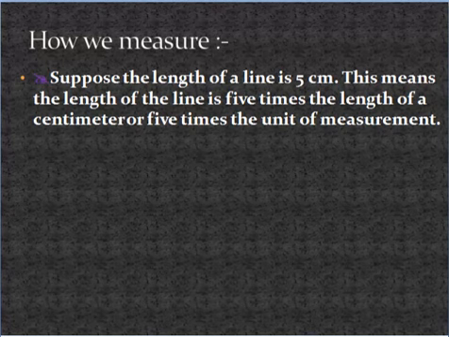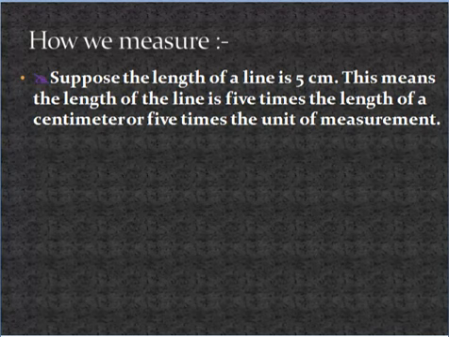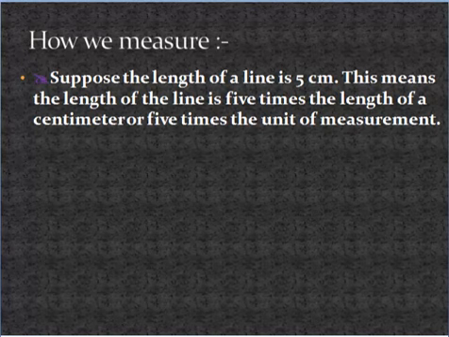See here, it depends on the words. One line having a length of 5 centimeter means the length of the line is 5 times the length of a centimeter. It means the length is multiplied by 5.